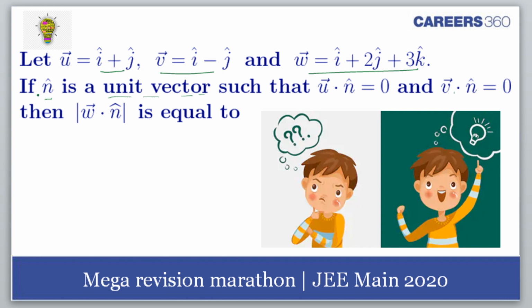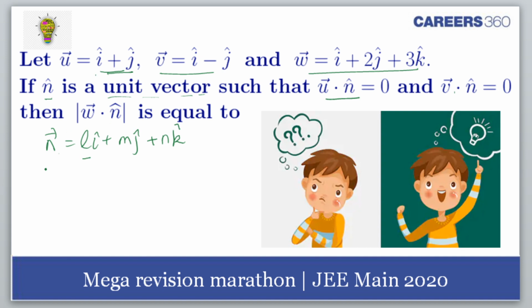It's a unit vector, so I'll consider N as l i cap plus m j cap plus n k cap. It's a unit vector, so I have l square plus m square plus n square equal to 1. Now, the first equation given to me is U dot N. With U I'm taking the dot product of N. So what do I get?